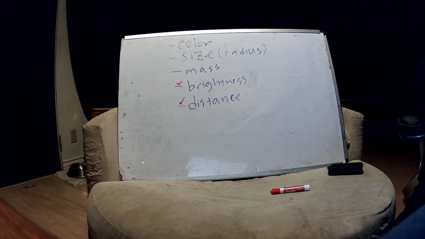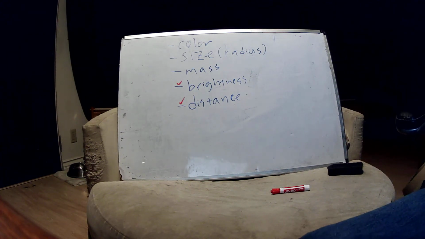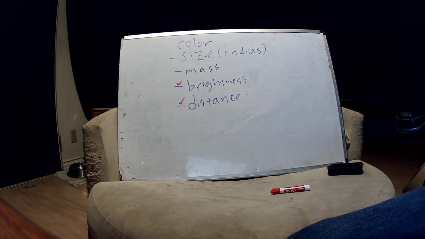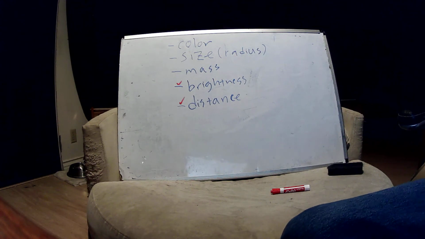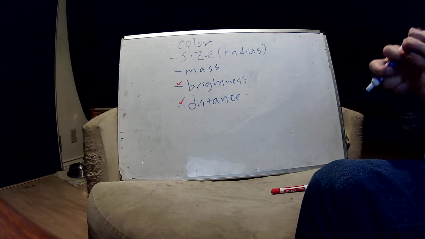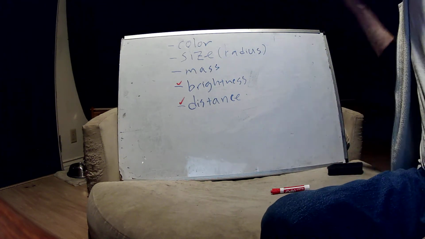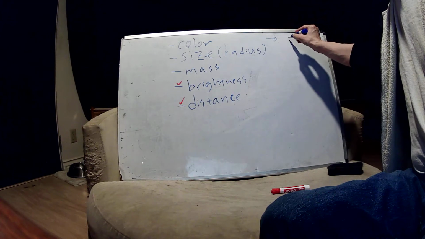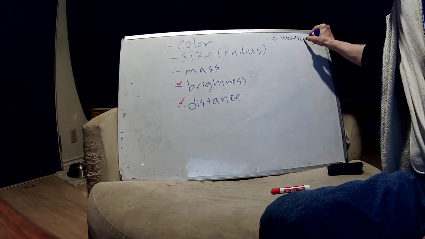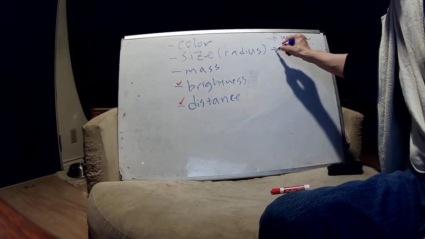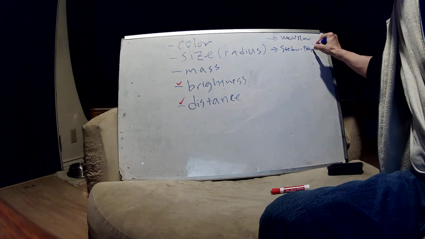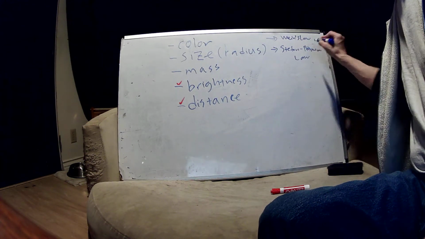So maybe we should look at the color or the wavelength of the electromagnetic radiation that comes from these stars. So we need to remember two very key things if we're going to talk about the frequency of light or the color of starlight. Of course, these two things are Wien's law, or Wien's displacement law, and also the Stefan-Boltzmann law.